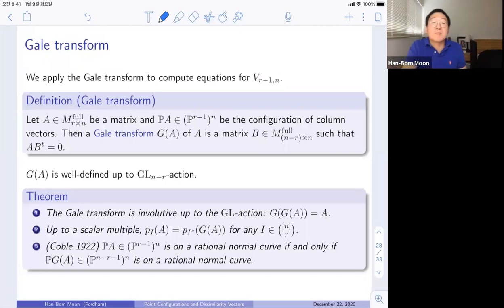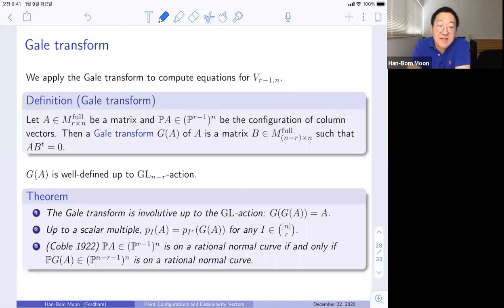If you take the complementary index, the determinant of the minor of the complementary index of the Gale transform is equal to the original one up to a scalar multiple, but this scalar is independent of the choice of I. This is somewhat surprising because A and its Gale transform have different sizes, but we have such a connection.